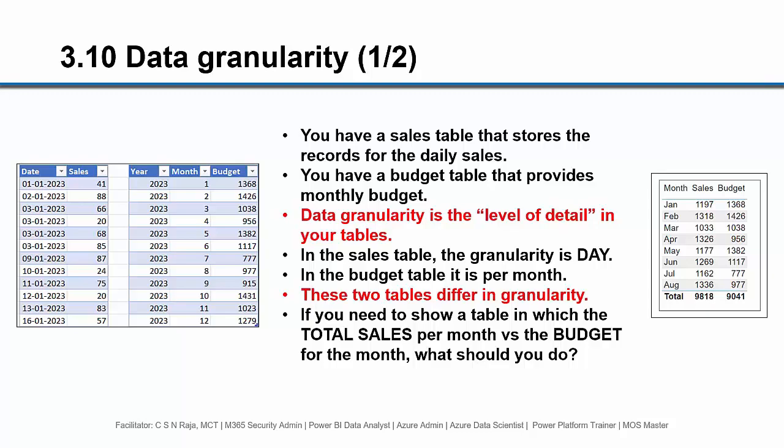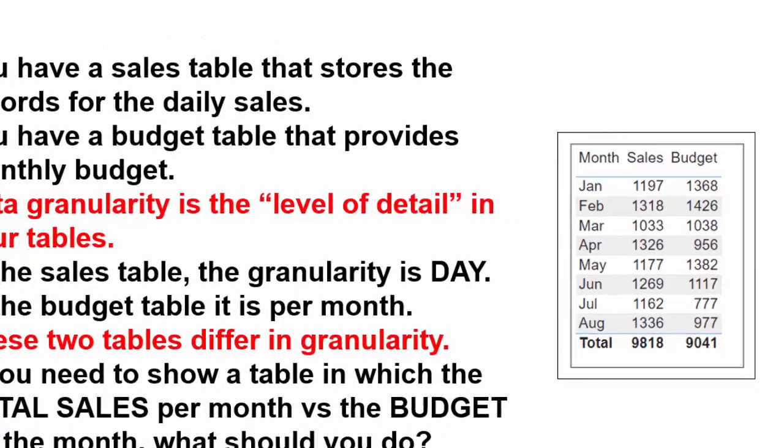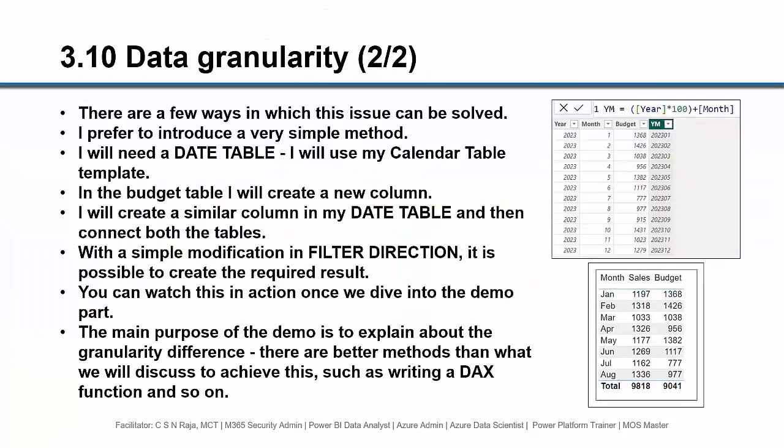These two tables differ in granularity. If you need to show a table in which the total sales per month versus the budget for the month, what should you do? There are a few ways in which this can be done, and I am going to give a demo on one of the methods, which is not the only method, of course. You can watch it while we do the demo.